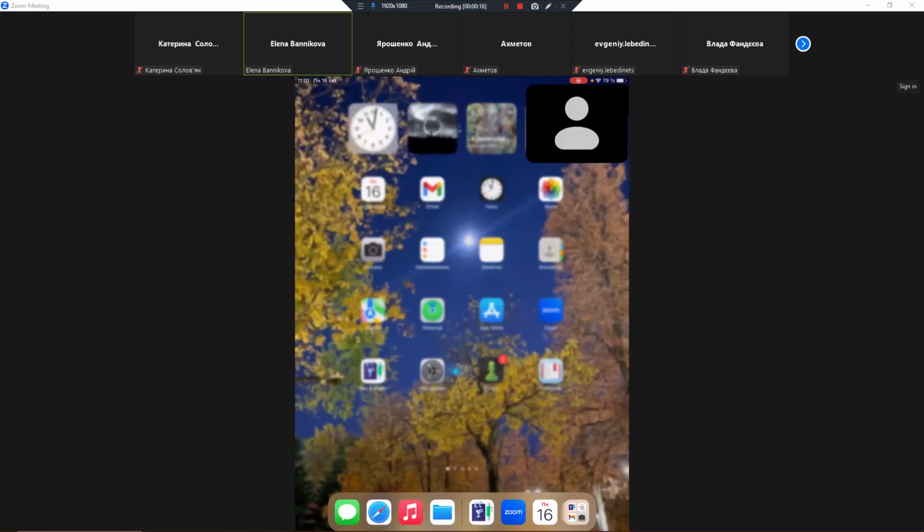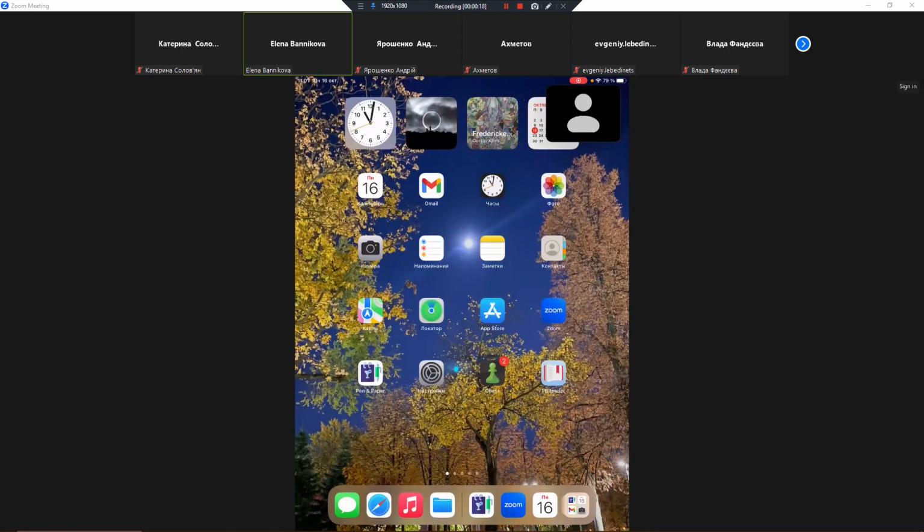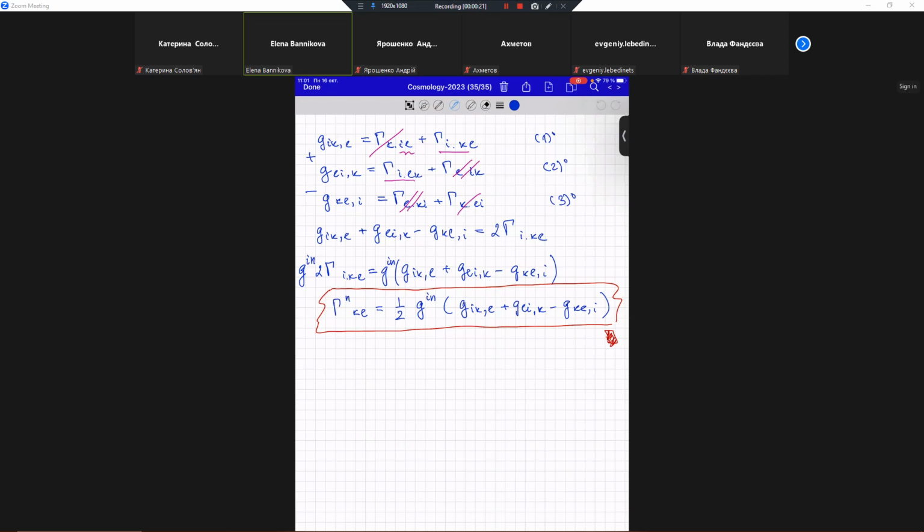So today, first, I would like to remind you what we did in the previous lecture. We considered the covariant derivative, and we discovered that in the general case in curved space the derivative is different than in flat space.